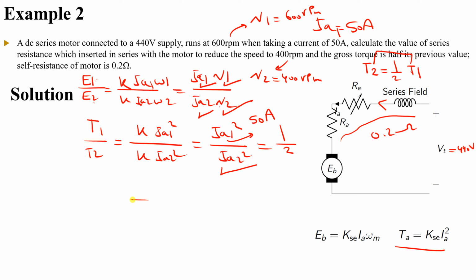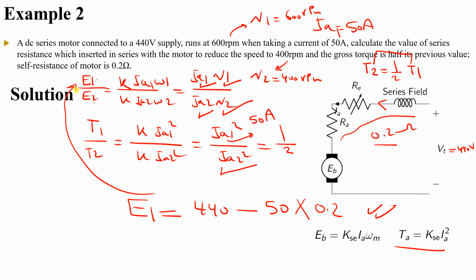So E1 is simply equal to the terminal voltage minus the drop, which is our armature current 50 amperes multiplied by the total resistance 0.2. So this is our E1. By using this relation here, you will get E2, and we'll see what we are going to do.